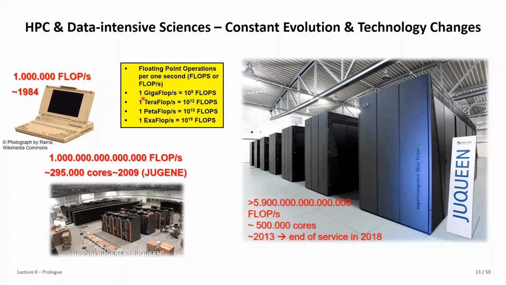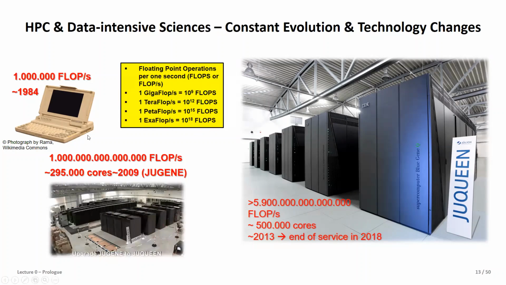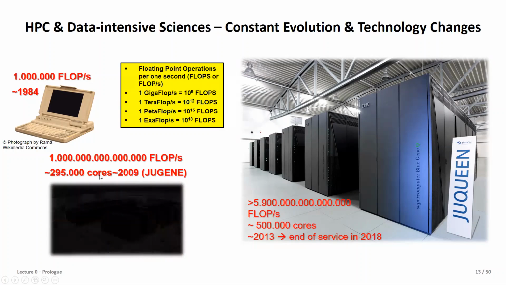We see here gigaflops, teraflops, petaflops, and exaflops, 10 to the 18 flops, which is what we are currently looking at. But you see it was a long way. In 2009, we had this interesting machine with more cores inside, a Blue Gene system, a Blue Gene/P.